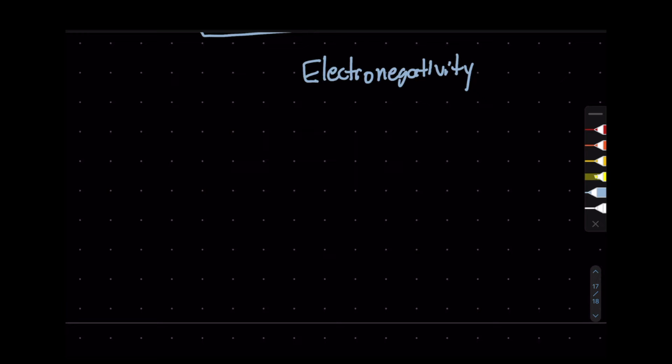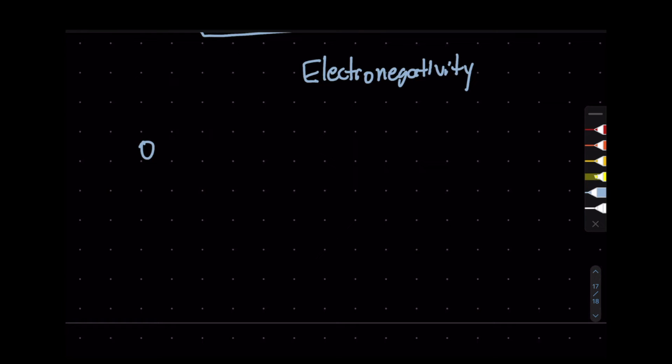So when we're looking at electronegativity, the more electronegative an atom attached to the hydrogen that we're looking at is, the more acidic it is, like we said earlier.